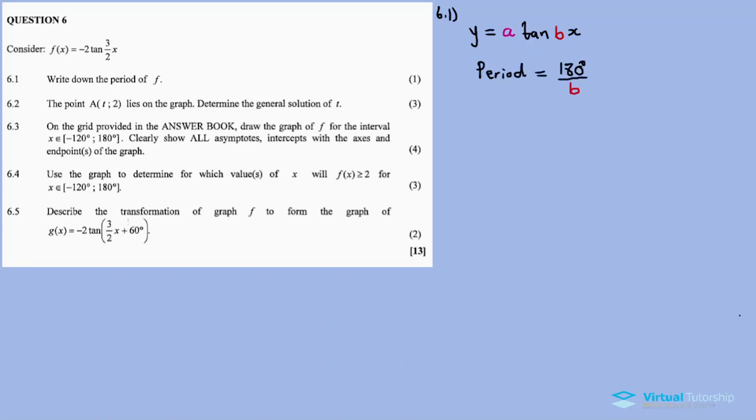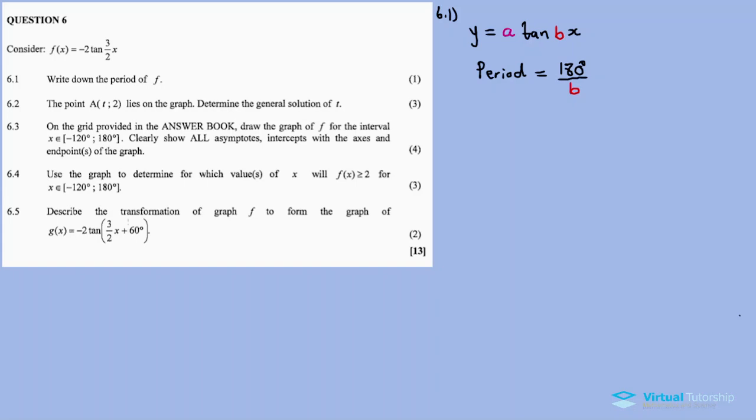The period is calculated as 180 degrees divided by b. If you calculate the period for a sine or cos graph, you use 360 degrees divided by b. Since the parent tan graph has a period of 180 degrees.